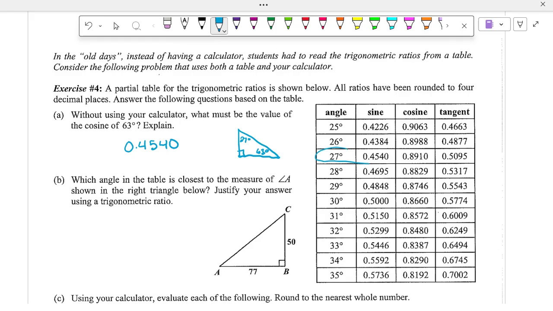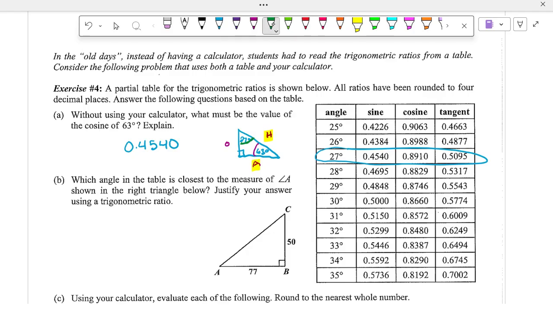Because 27 is on here. Now, we know that cosine, in reference to the 63, would be adjacent over hypotenuse. So this would be my adjacent, opposite, hypotenuse. In terms of 27, we're using adjacent and hypotenuse for 63.